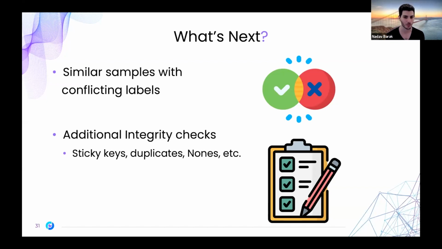Okay, so two more and final things that are big blocks in our roadmap for this package. One is creating a check that will try to measure the similarity between different texts, and we'll use these similarity metrics to provide insights, for example, whether similar samples got a different label.